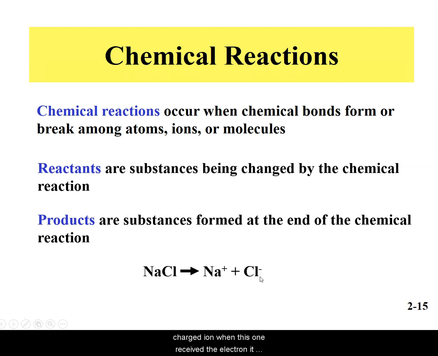When this one received the electron, it became negatively charged, and it became stable because now its valence shell is full, and this one gave up that one, so it has a full valence shell, and it stabilized these.